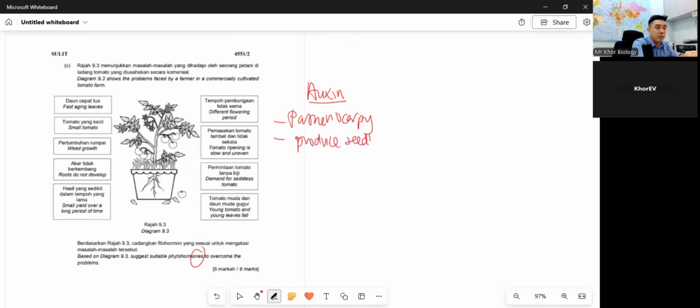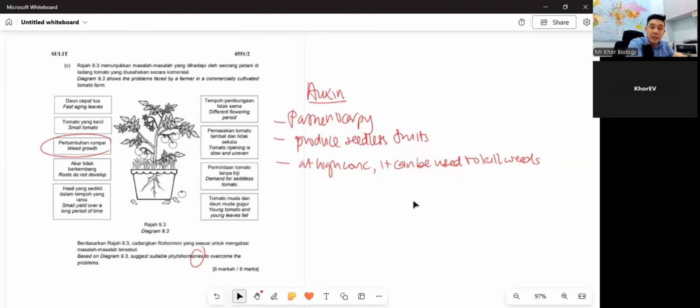Seedless fruits are produced. Besides that, at high concentration, it can be used to kill weeds. You bring in this point because they mentioned it here.